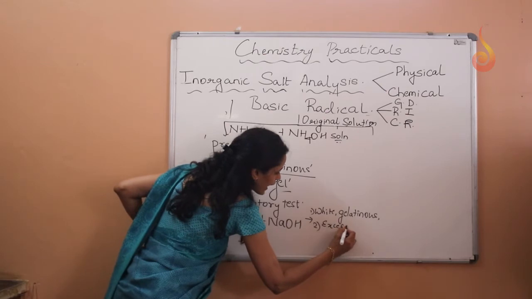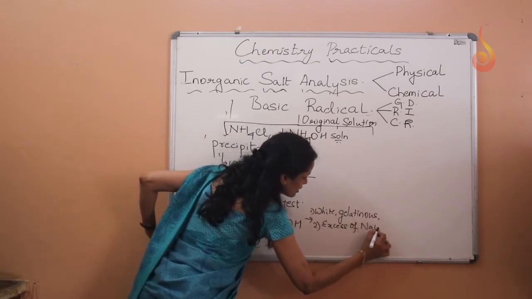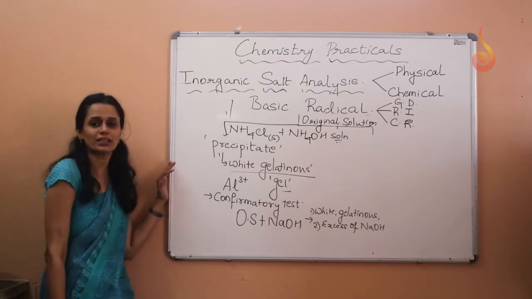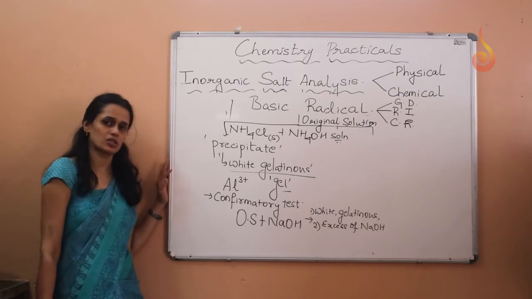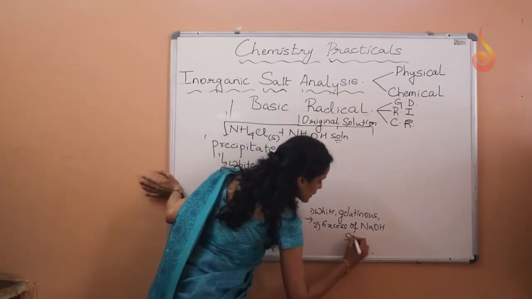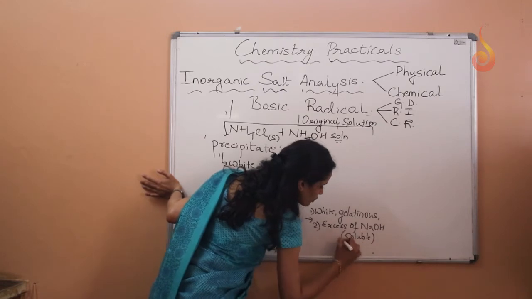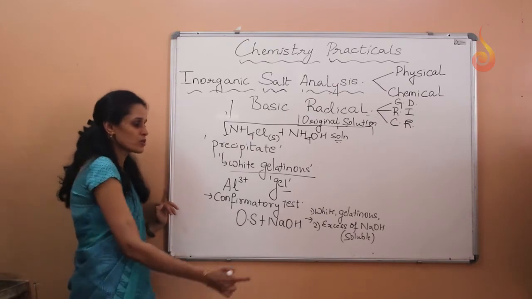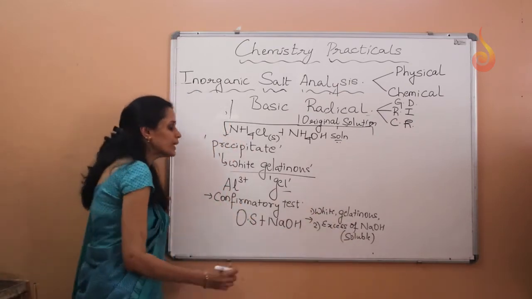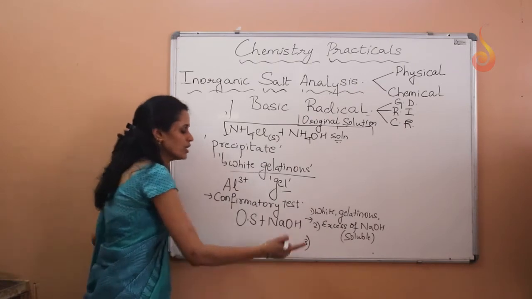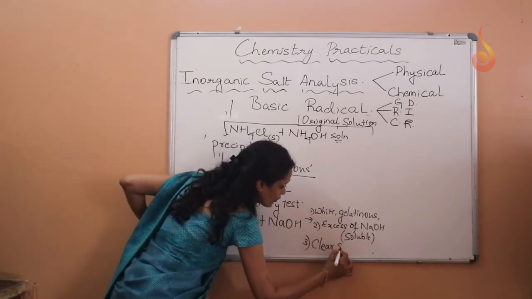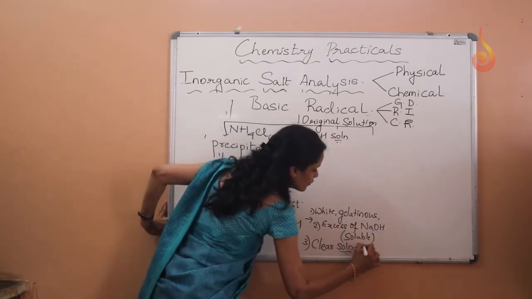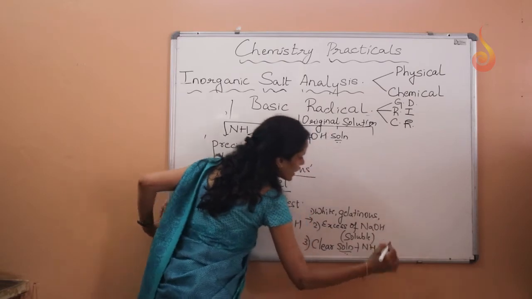Then we add excess NaOH solution and shake the test tube. The precipitate obtained is found to be soluble. Once the precipitate is soluble, to the clear solution obtained previously, we add ammonium chloride crystals.